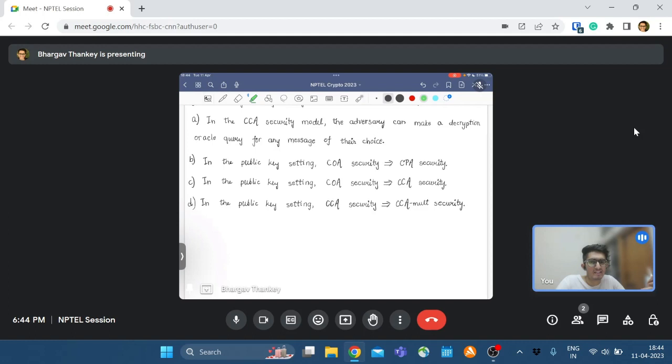However, in the public key setting, how is encryption performed? The encryption is performed using the public key, and the adversary has the public key, right? So the adversary can always get encryption oracle service for free. Let M be the message whose corresponding ciphertext they want. All the adversary has to do is encrypt M on its own, which it can do efficiently because it knows the public key.